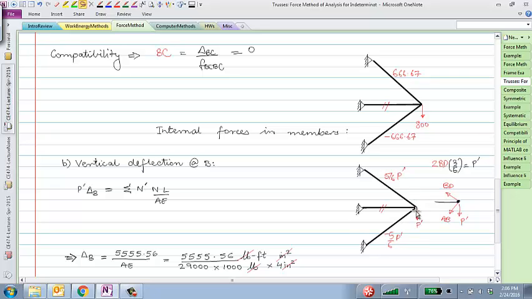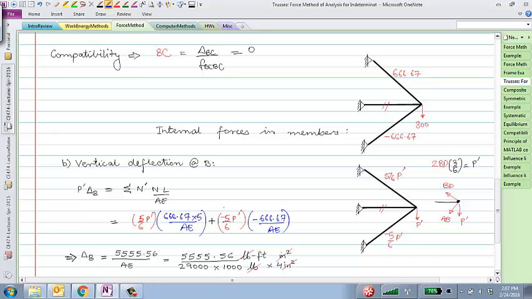If I want to find the vertical displacement at B of the indeterminate structure, I would need to apply P prime here, find the internal forces, which is just obtained by scaling these guys, and then use the virtual work method. So I would get on the right hand side 5/6 P prime times 666.67 times 5/AE, plus we get a minus 5/6 P prime times a negative 666.67 over AE.